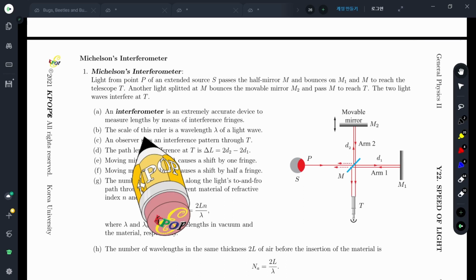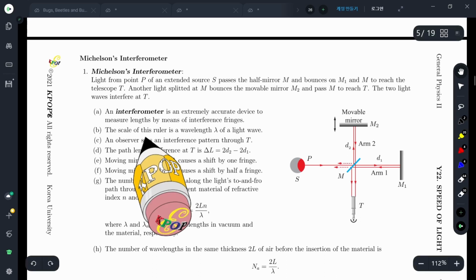The electromagnetic wave is very special in the sense that it does not require any medium, unlike mechanical waves that require an actual medium.